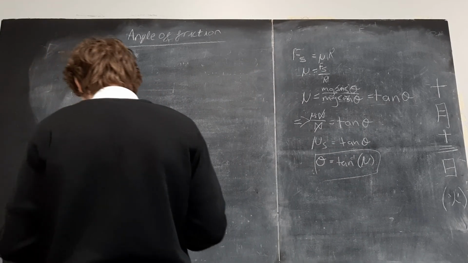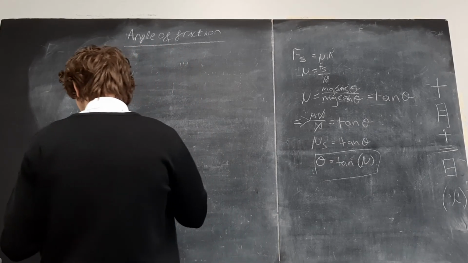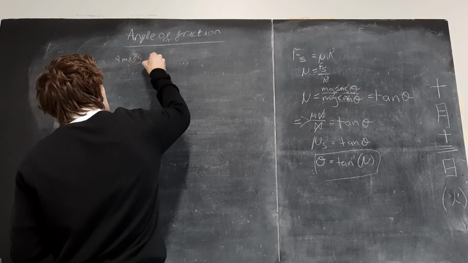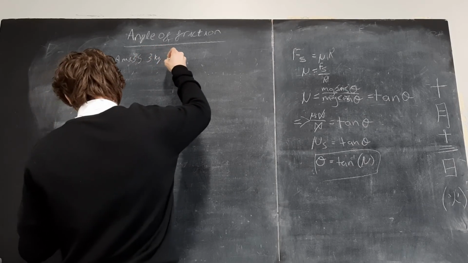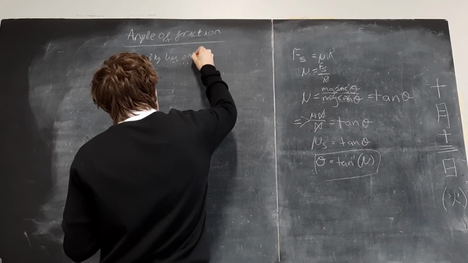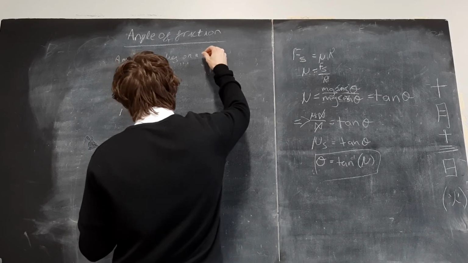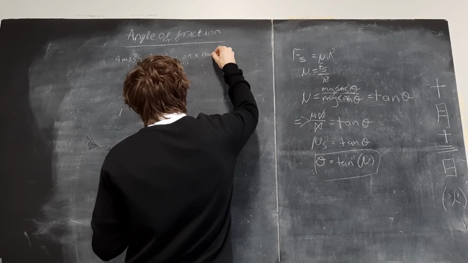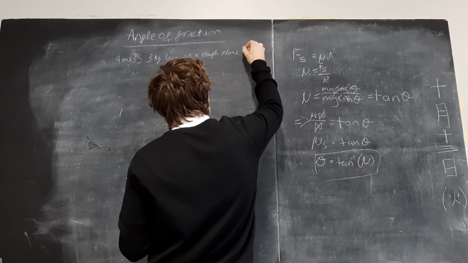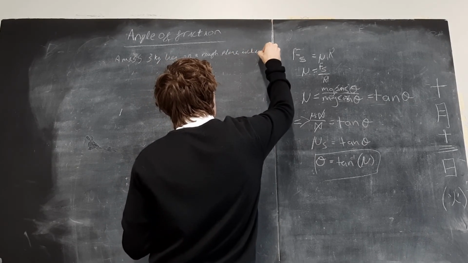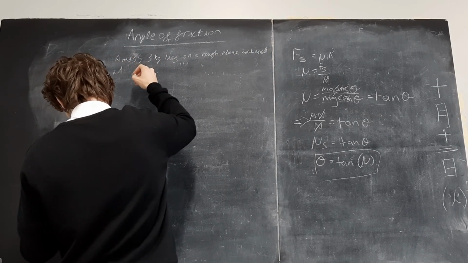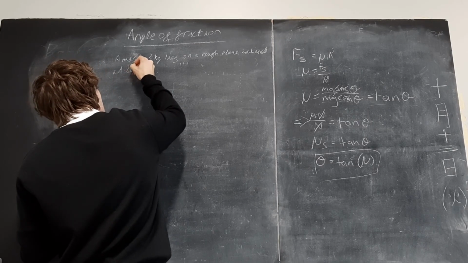So I'll write out our question because I've got it all written out here. A mass, 3 kilograms, lies on a rough plane, as it has to be, inclined at 60 degrees to the horizontal.